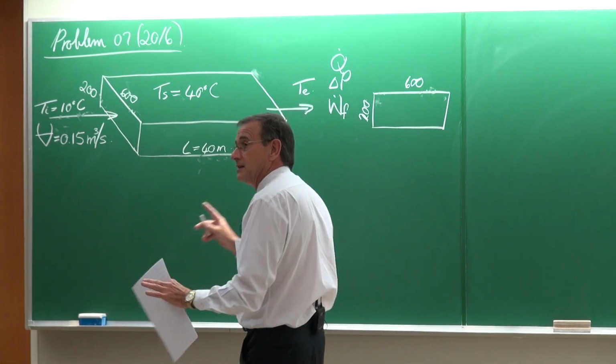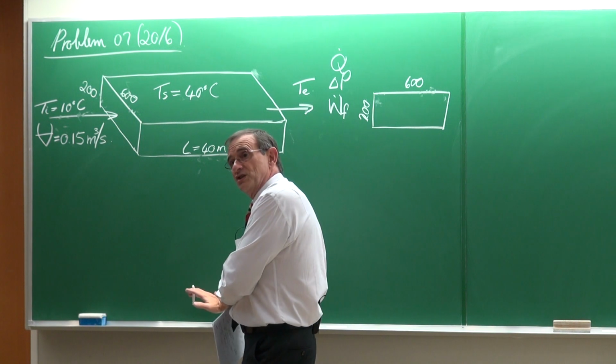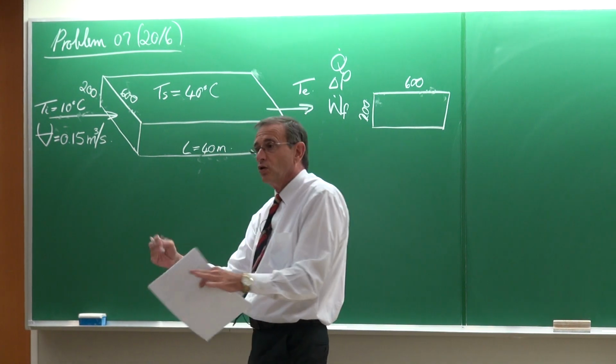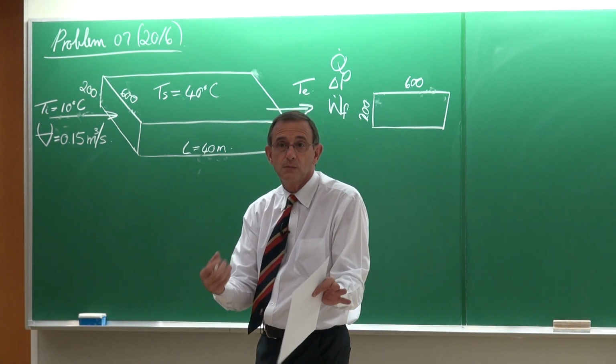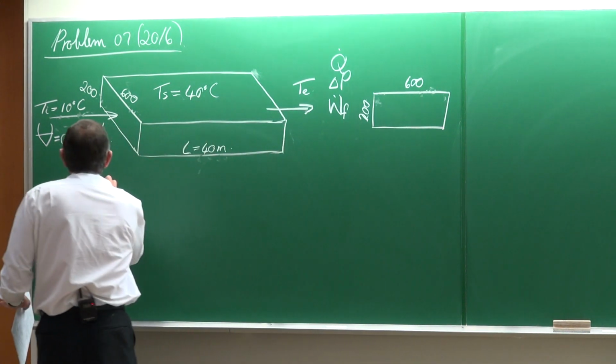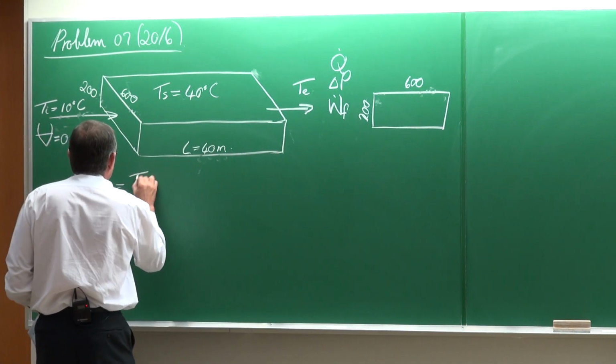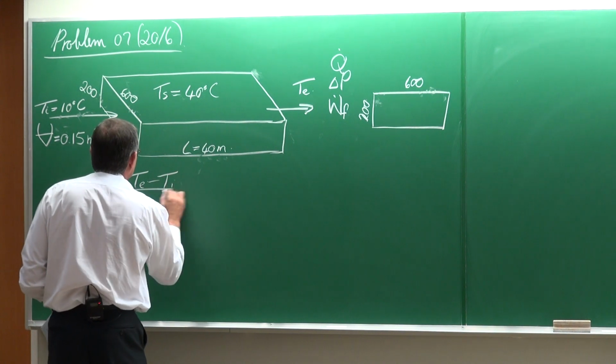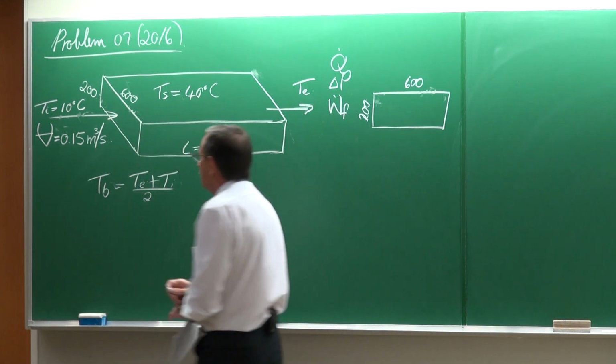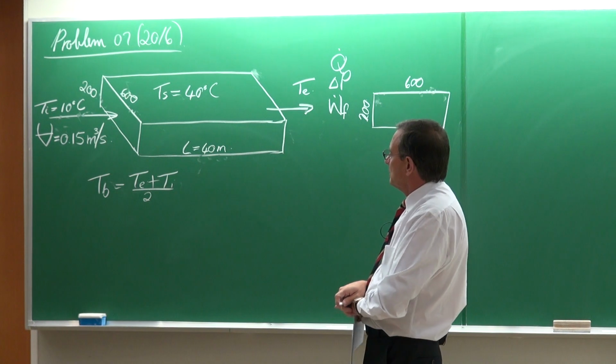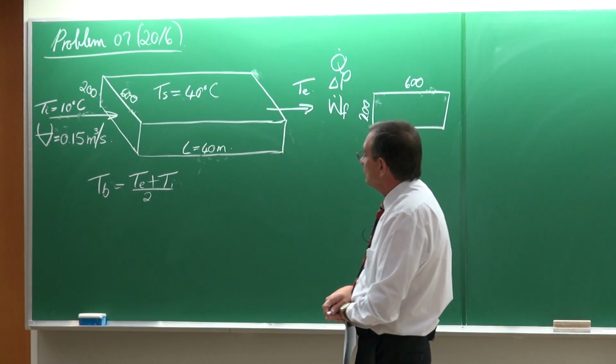So when we start these types of problems, we want to get the bulk temperature, because that's the temperature where we need the properties. And the bulk temperature, as you know, is the outlet temperature plus the inlet temperature divided by 2, the average of the two.